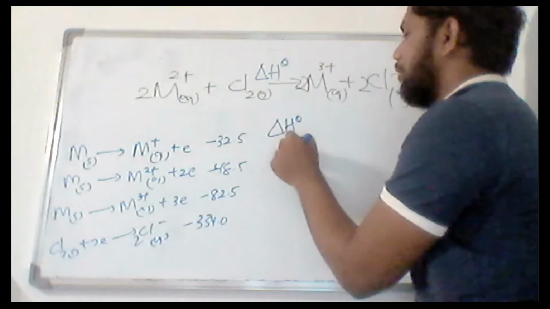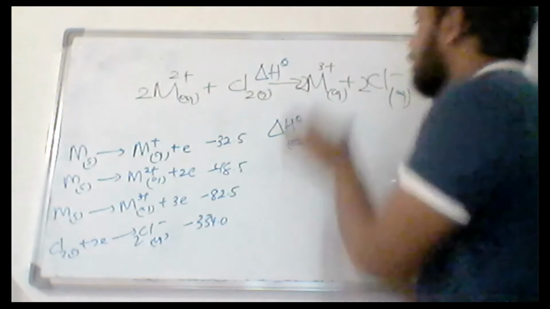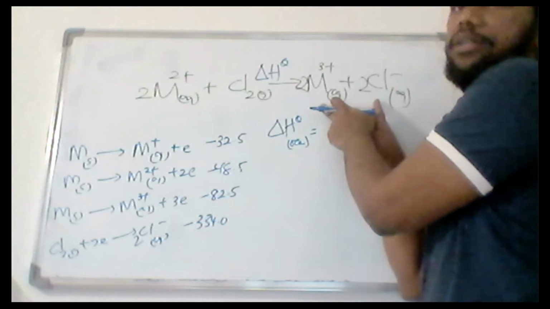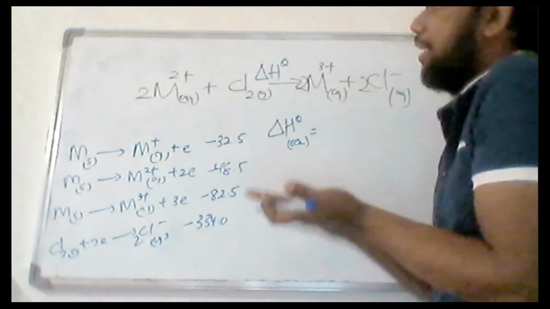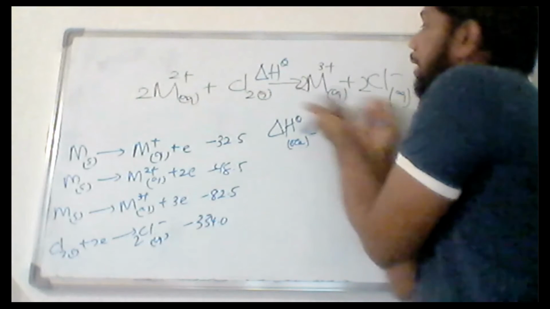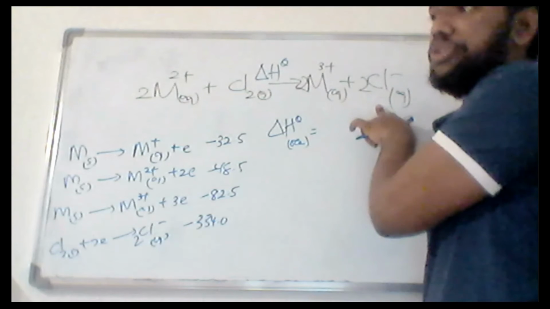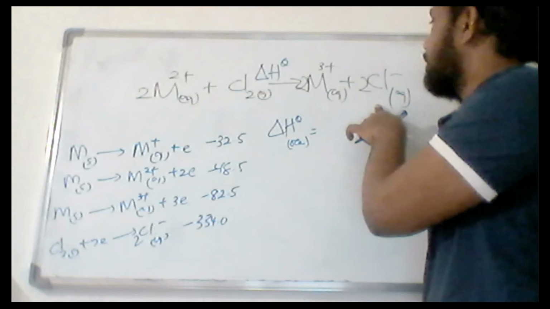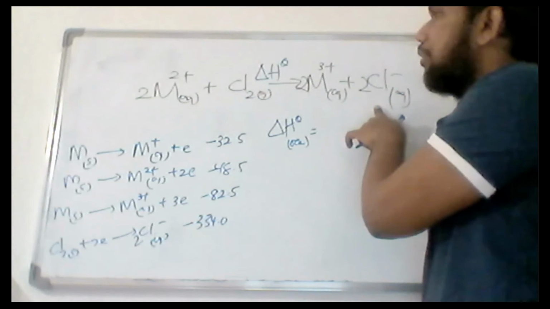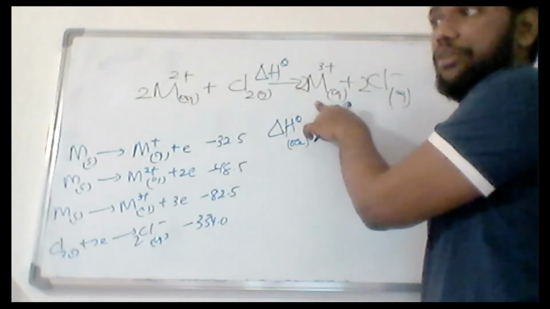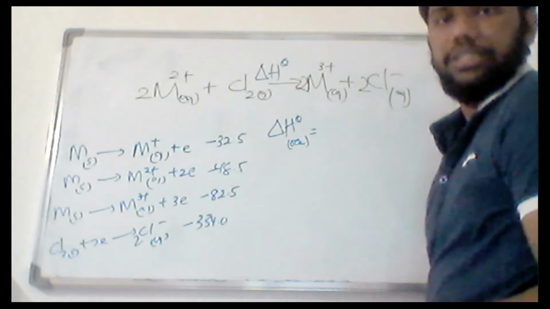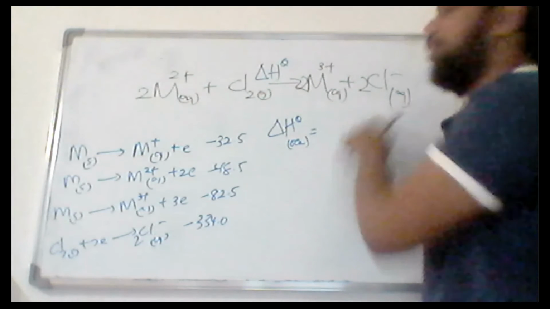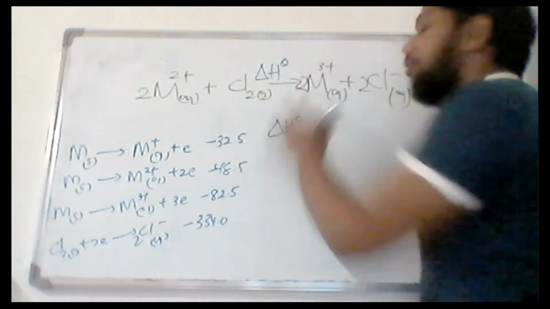Okay, so now, the enthalpy change, delta H of the reaction, will be the enthalpy of the products minus the enthalpy of the reactants. So the idea is how you are going to take the enthalpy of the products. You need to know the enthalpy of formation of Cl- and the enthalpy of formation of M3+.